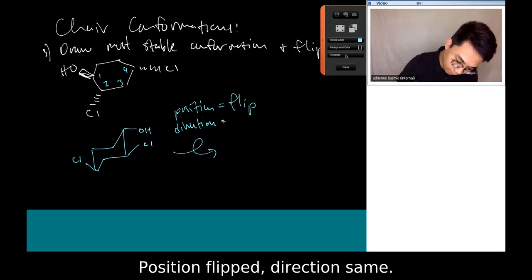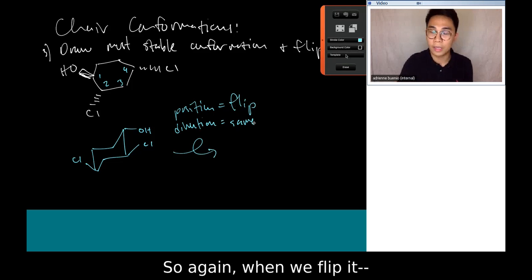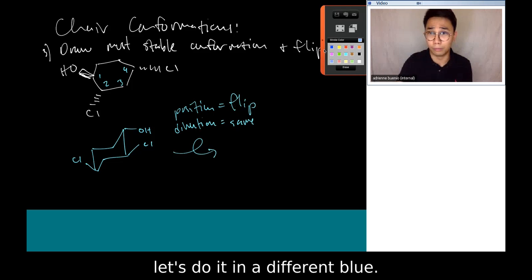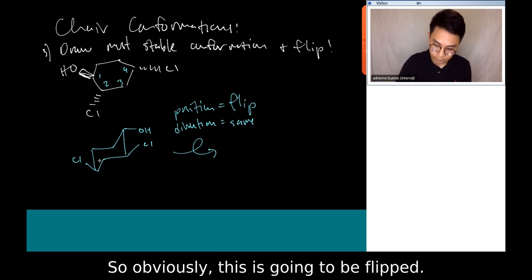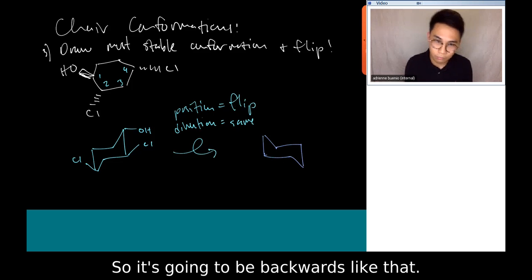direction same. So again, when we flip it, let's do it in a different blue. Obviously this is going to be flipped, so it's going to be backwards like that.